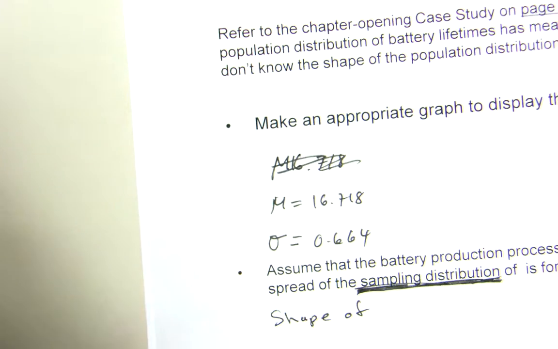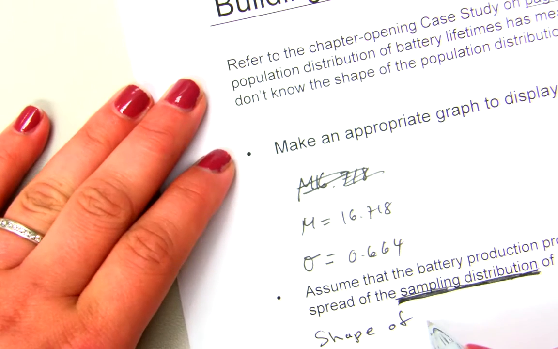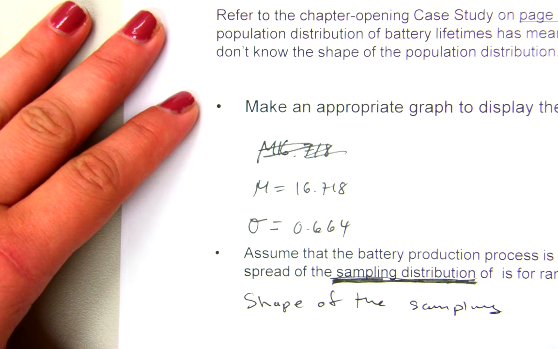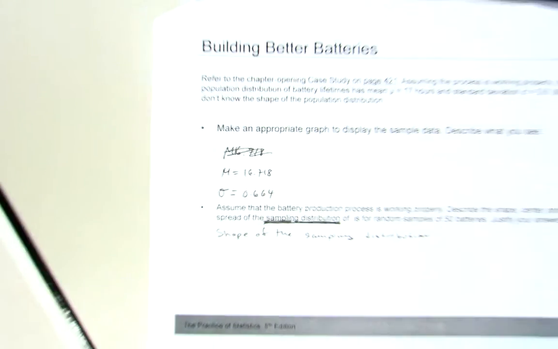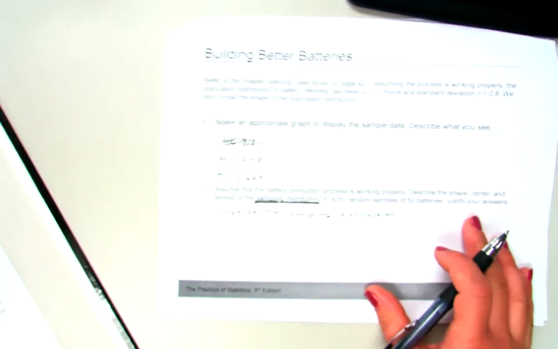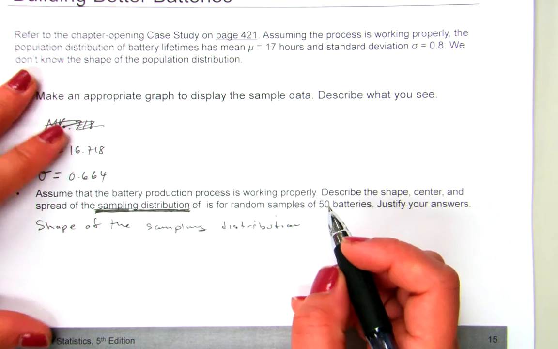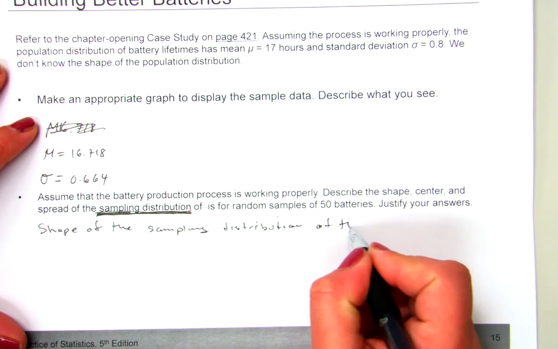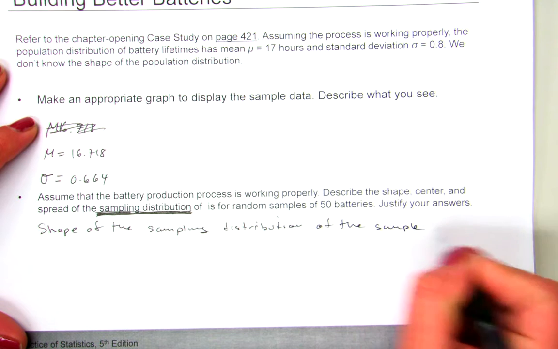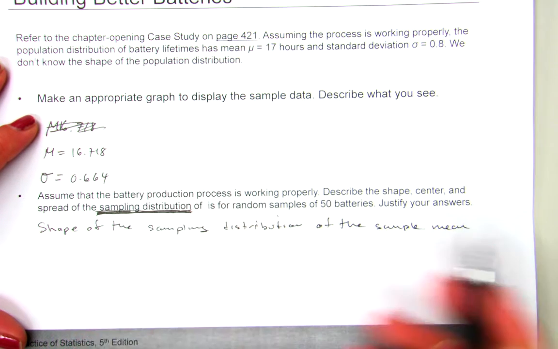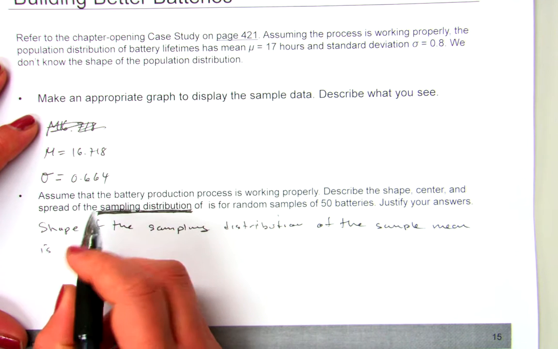All right, so the shape of a sampling distribution should be, sorry, I'm going to zoom out in a second. Okay, that's a little too much zoomed out. Okay, the sample mean, right, of what we have basically in what we got in number 1, is approximately normal.